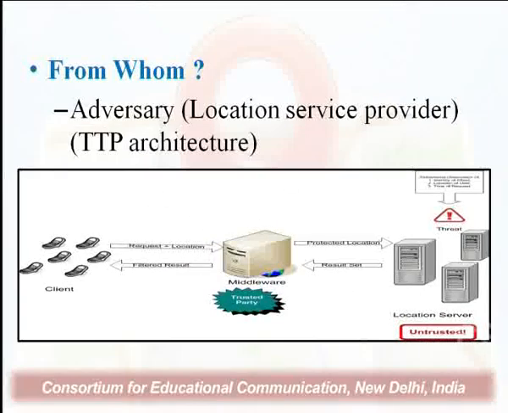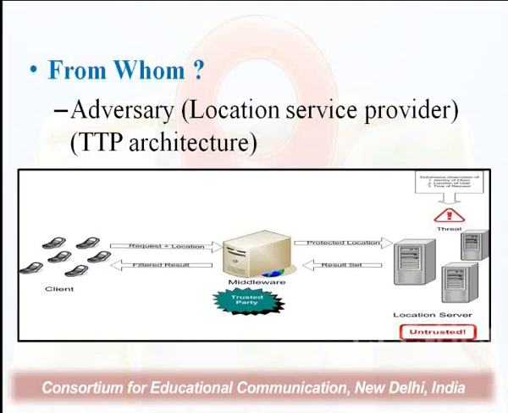So now the question arises: from whom are we going to hide this? We are going to hide this from the adversary, which is actually the location service provider in our trusted third party architecture. So in the trusted third party architecture, I have three components.